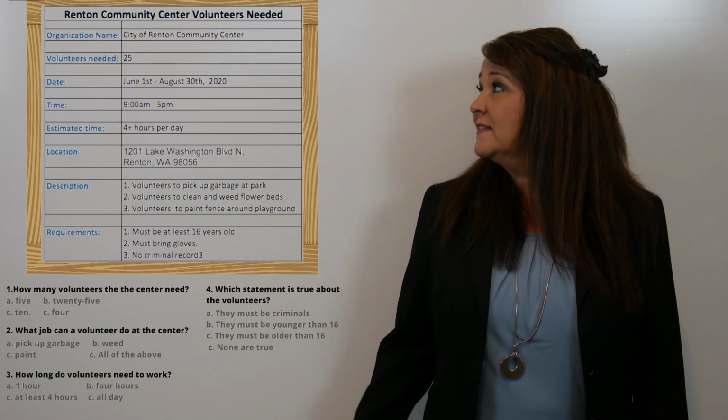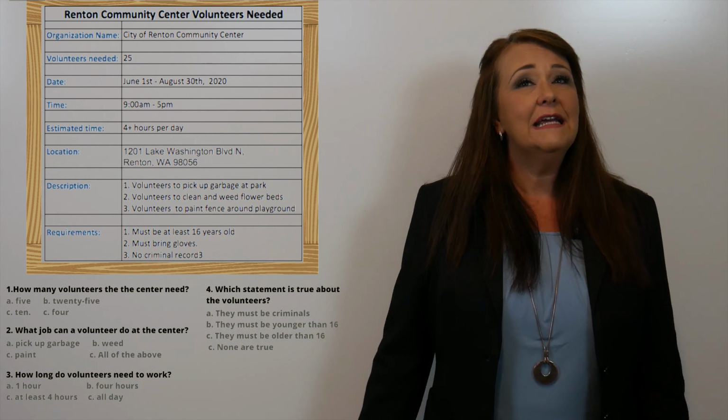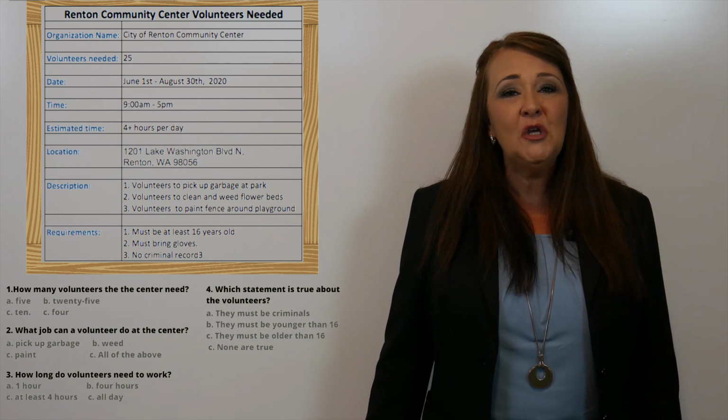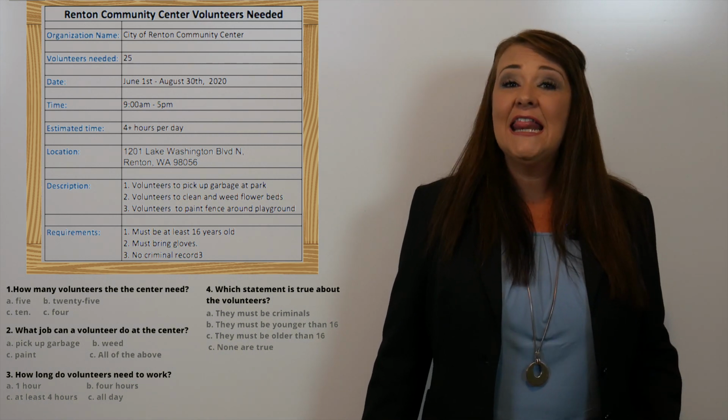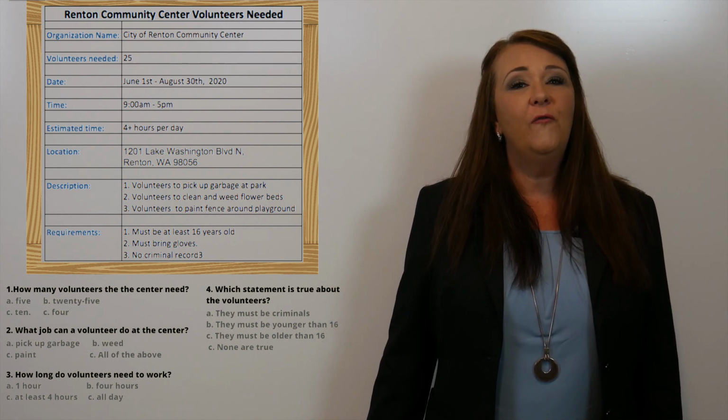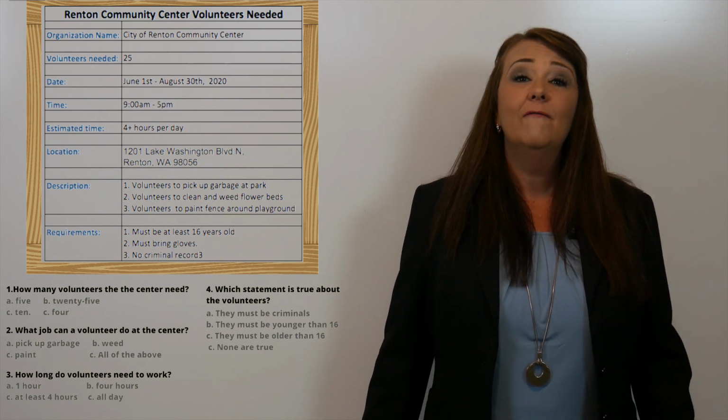Sometimes when you go to public places, you will see bulletin boards with announcements. On your screen, you're going to see an example of a community announcement. This community announcement is from the Renton Community Center, and they are asking for volunteers.